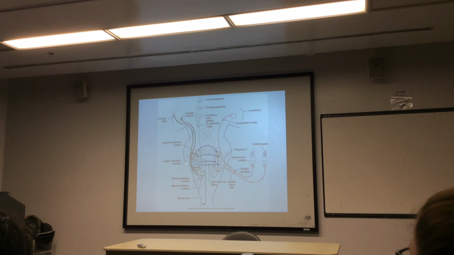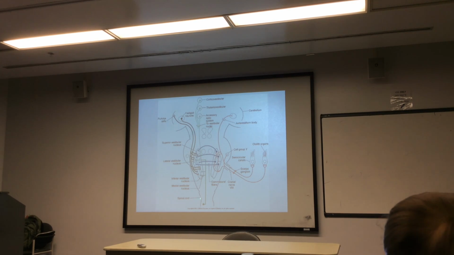These guys communicate to each other, so you've got commissural fibers, and then they will project to a wide variety of areas. So you'll have some that project up to the cerebellum. They do that through the juxtarestiform body. These fibers come up with the juxtarestiform body and then go into the cerebellum through the inferior cerebellar peduncle. And then you'll also have some spinal fibers that go down the spinal cord.